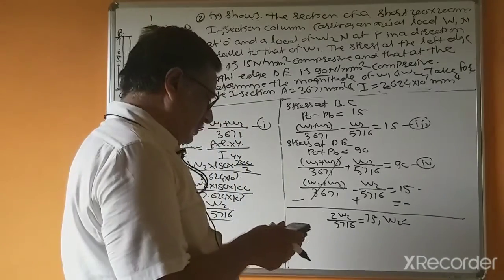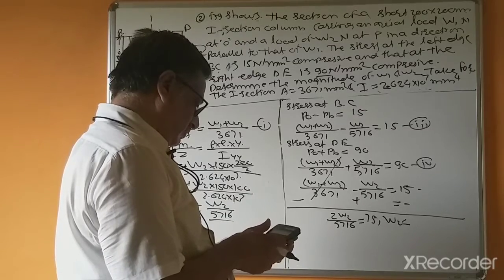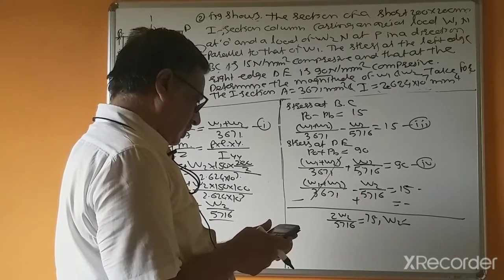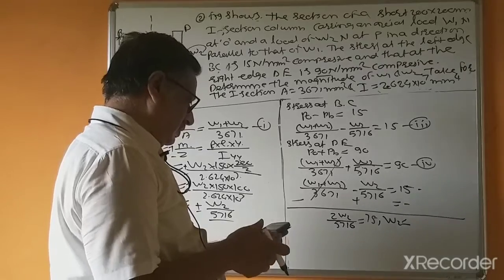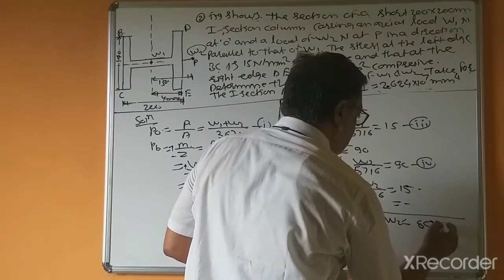W2 equal to 75 multiplied by 5716 multiplied by 2. This is 857 kilonewton.